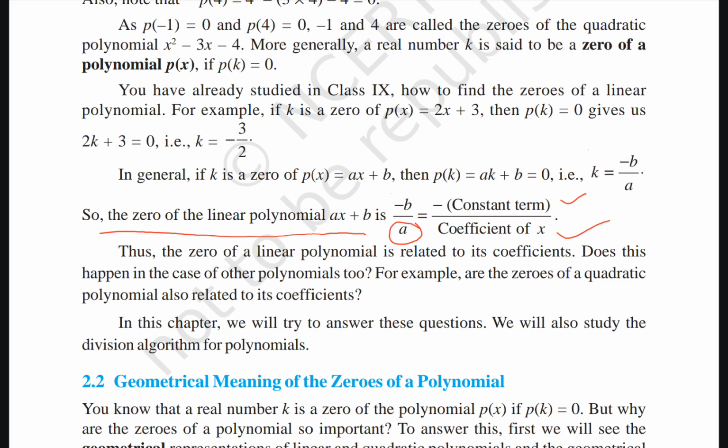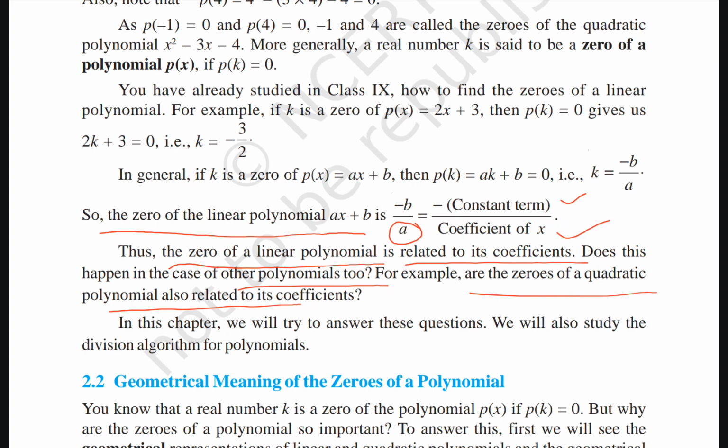Thus we can say that the zero of a linear polynomial is related to its coefficients. Does this happen in the case of other polynomials too? For example, are the zeros of a quadratic polynomial also related to its coefficients?